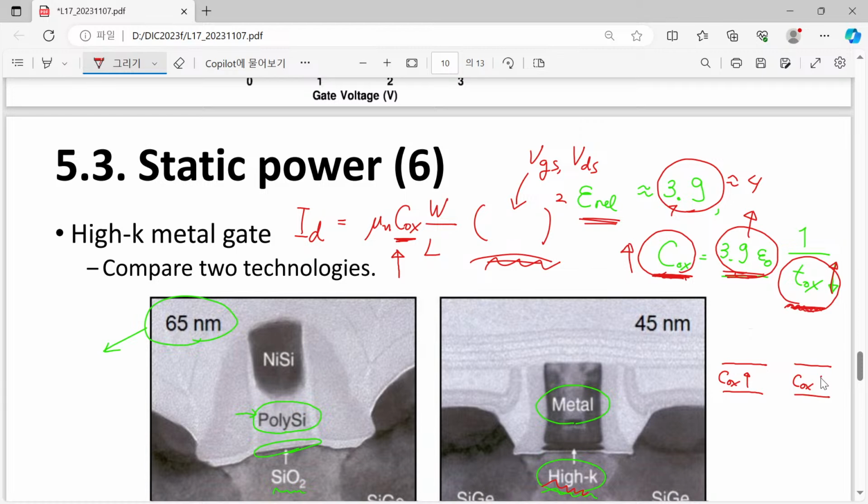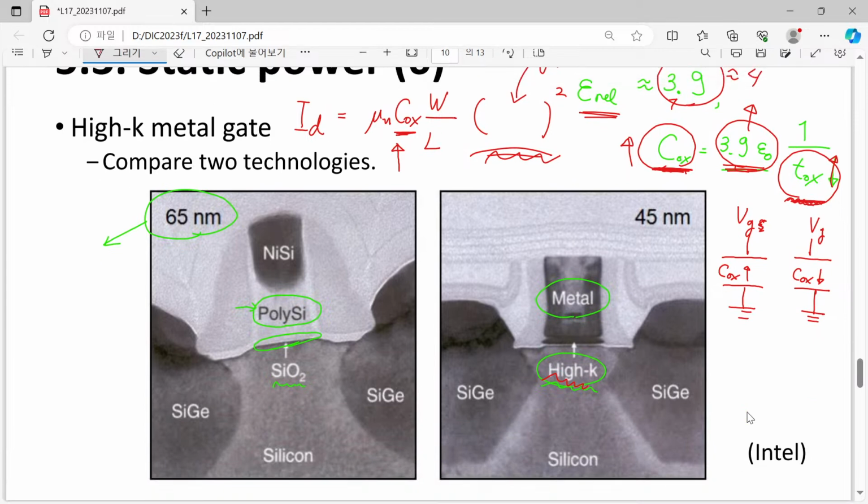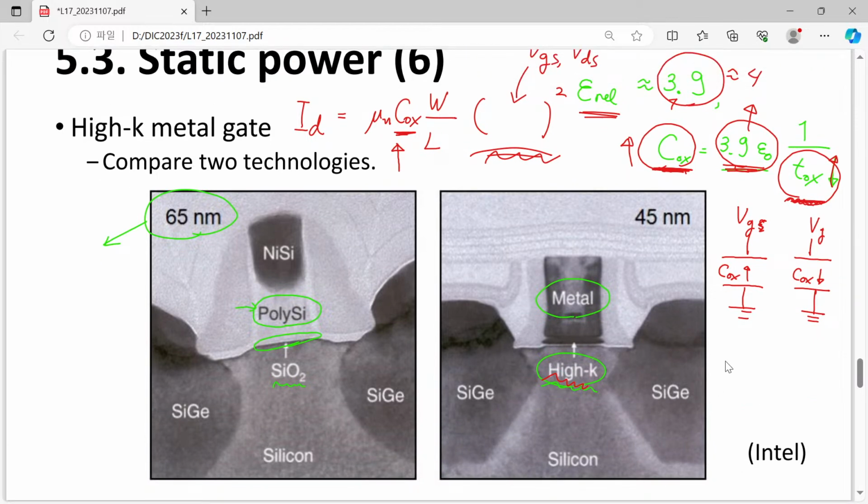Unfortunately, the other one has a relatively low capacitance, and we have applied VG, and the substrate is just grounded. Then let's assume that our threshold voltage is also the same.